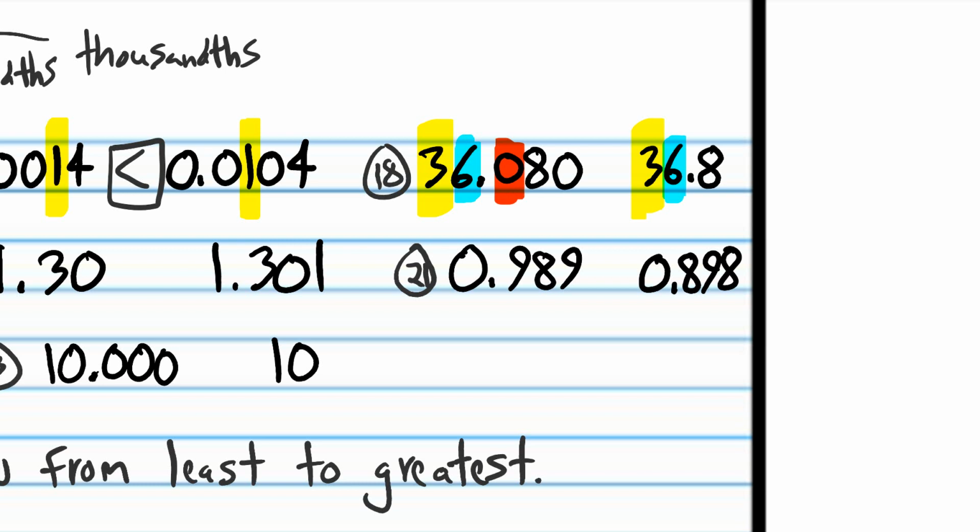So then we go to the next number over, and we have a 0 here, and we have an 8 here. So because we have an 8 in the 10th place over here in the red, and we only have a 0 on the other number in the red, that means this number must be bigger. So we write another less than symbol.